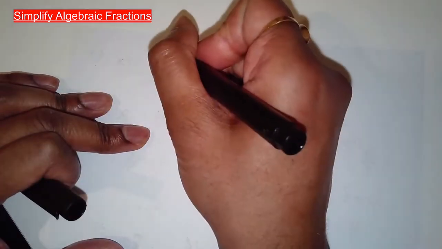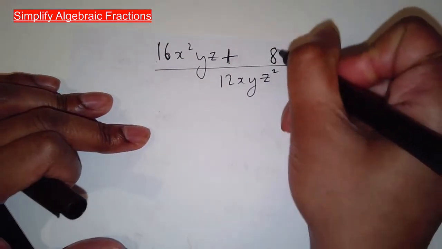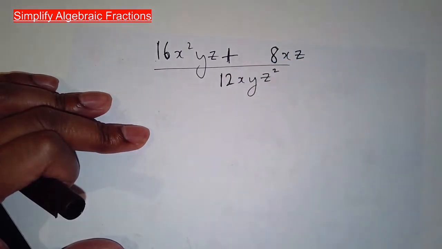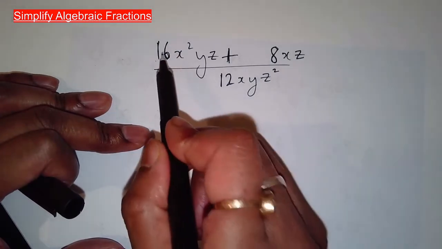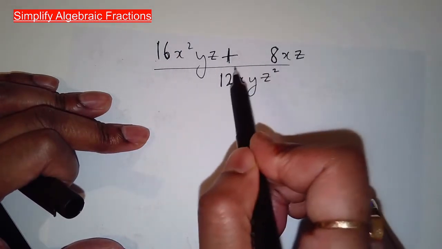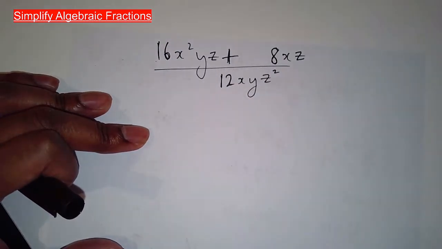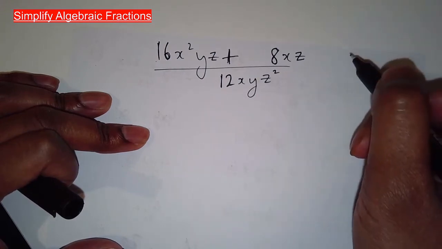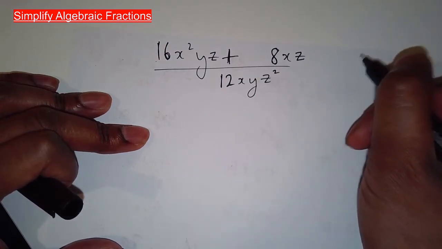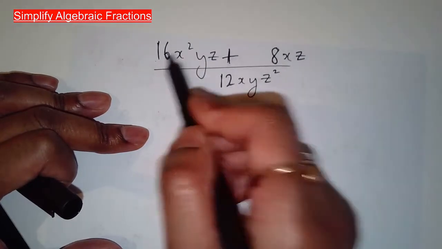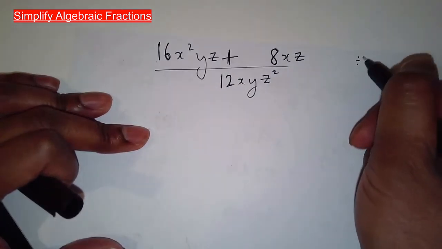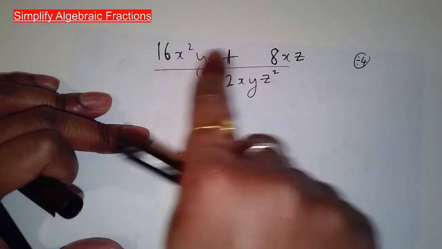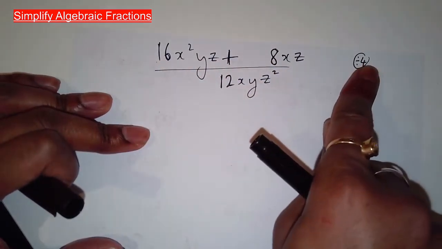Now, dealing with the numbers only, these big numbers in front of the terms, what's the biggest number that goes into 16, the 8, and the 12? It looks like it's the 4 times table. 4 goes into 16, 4 goes into 8, 4 goes into 12. So what we're going to do is divide every single one of those numbers by 4.